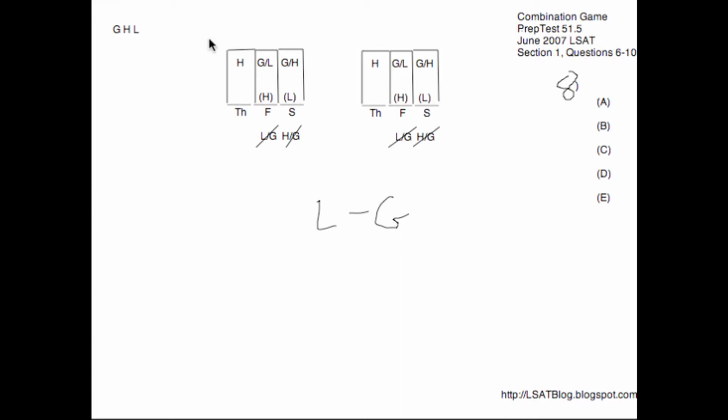So I would draw 2 different new diagrams to represent these 2 different possibilities. On the left diagram, I'll try to put G as late as possible, so that would be the very end of Saturday. We're going to have H eliminated from Saturday, and we're going to have L definitely coming before G on that day.